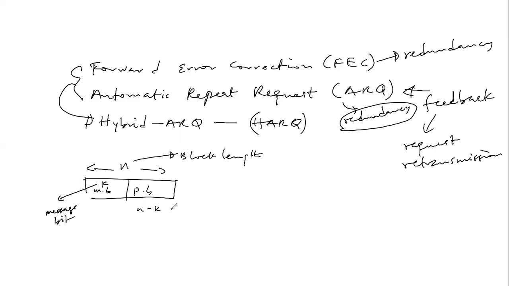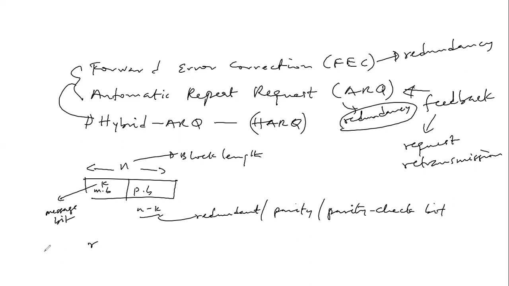Then n minus k is the redundant or parity check bit. And then the rate of this code, which we call the code rate, is the ratio of the message bit k to the block length.